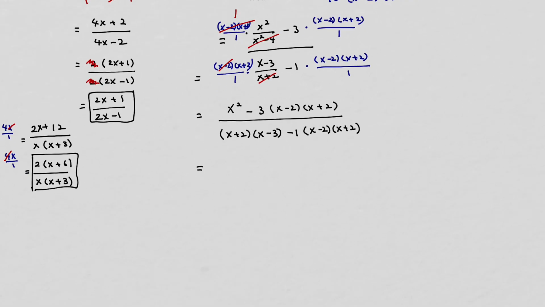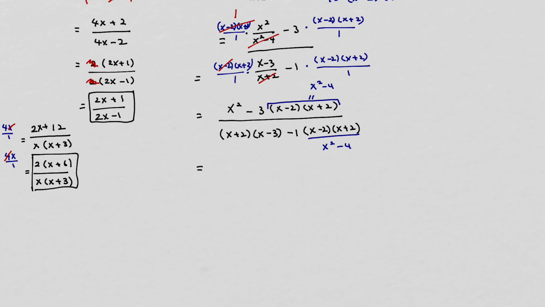Then simplify, right? We know this is equal to x squared minus 4, right? This is equal to x squared minus 4.